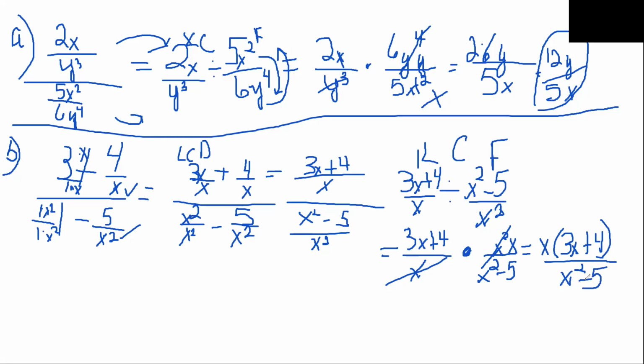To simplify this, we can leave it here, or we can distribute the x through as well and have the final answer as x times 3x for 3x squared, 4 times x for 4x, over x squared minus 5. So either answer is correct.